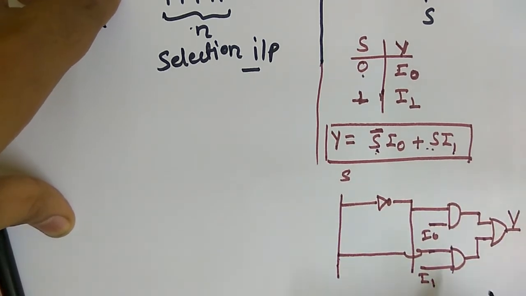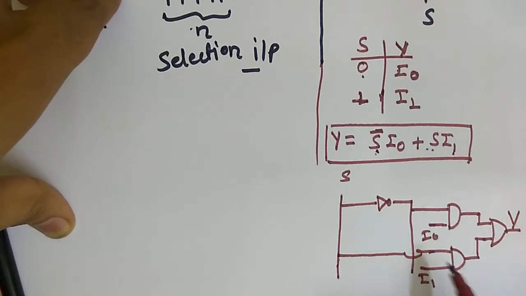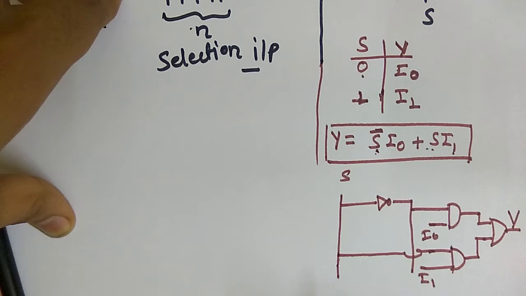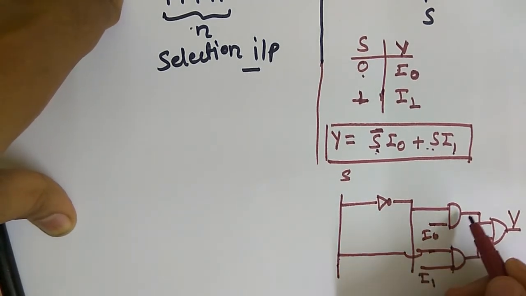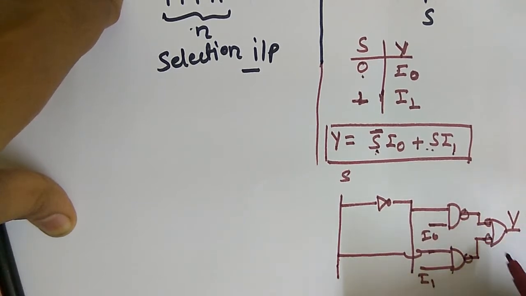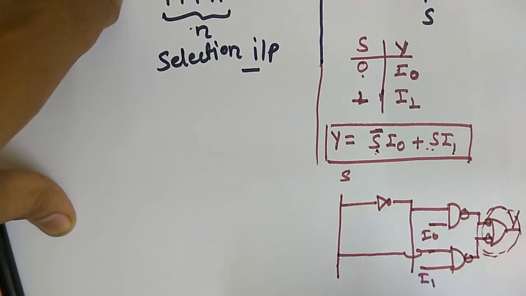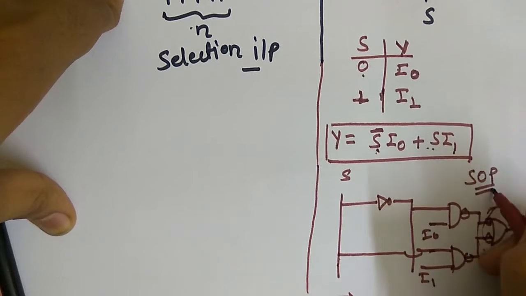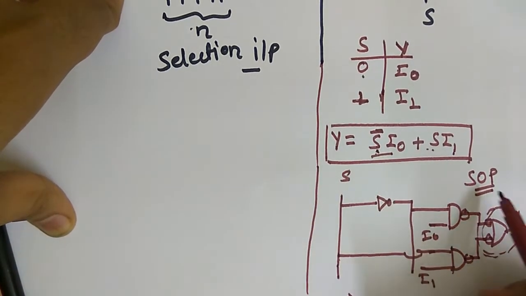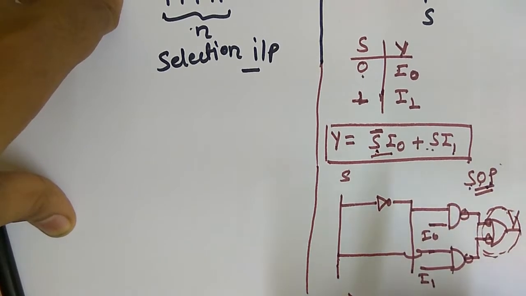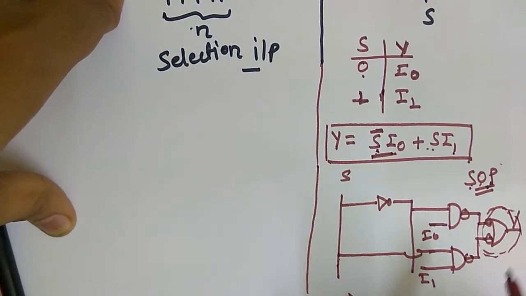So this is the output for this one. If anybody asks how we implement it with NAND gates, if you have to use NAND gates, apply a double bar on this, and this is nothing but an AND-OR implementation, so it can also be implemented by NAND gates. A mux is always implemented in the form of SOP, that is sum of products, meaning the sum of products.